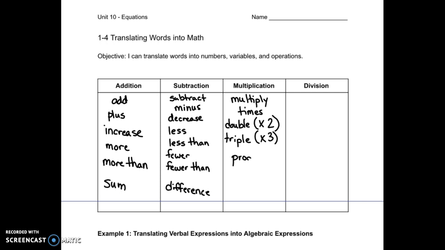And then product, which is the answer to a multiplication problem. And then division, we're just going to have divide, split, and half, which means we're going to divide by 2, and then quotient.